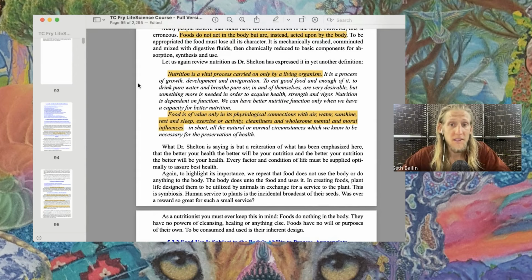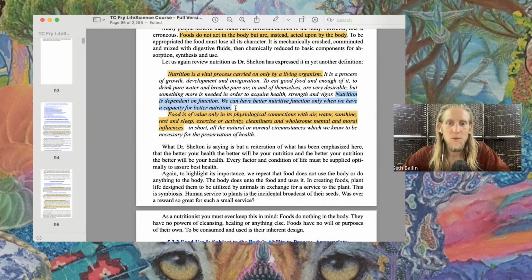Nutrition is a vital process carried on only by a living organism. So nutrition is not a process that goes on in dead or inanimate things. It's a process. He says nutrition is dependent on function. We can have better nutritive function only when we have a capacity for better nutrition.